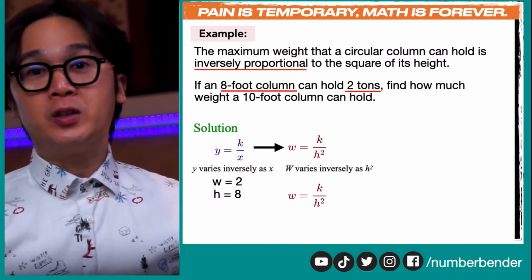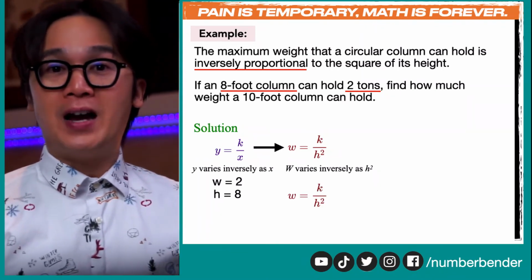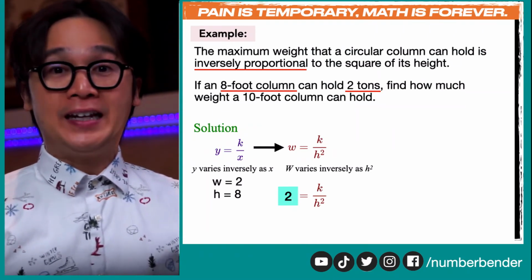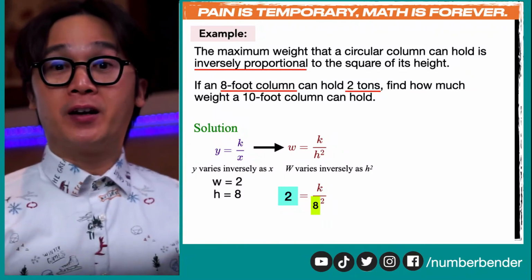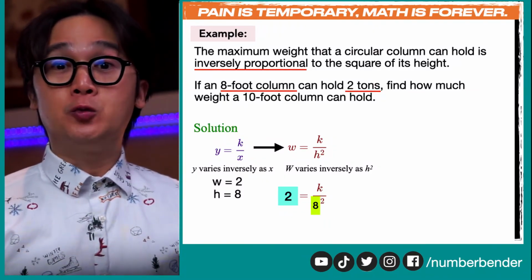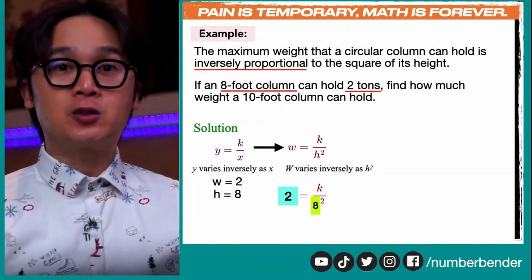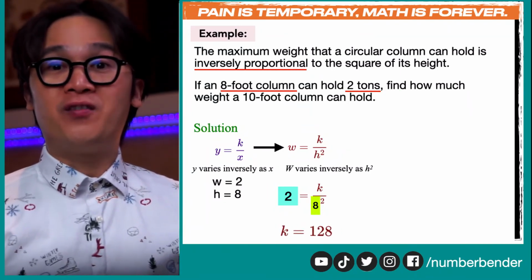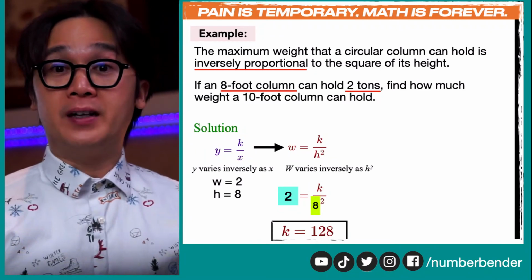So in this case, we're going to replace the value of our W, which is 2, the value of our H, which is 8, and by cross multiplication, we'll have 2 times 8 squared, and 8 squared is equal to 64. So if we multiply 2 and 64, we'll find the value of k, which is equal to 128.